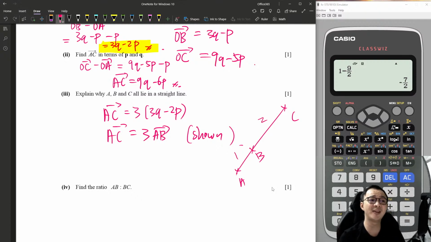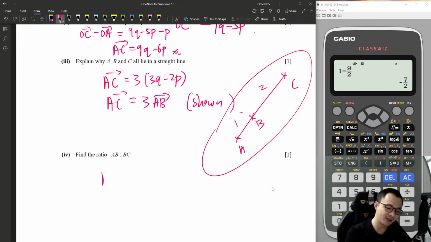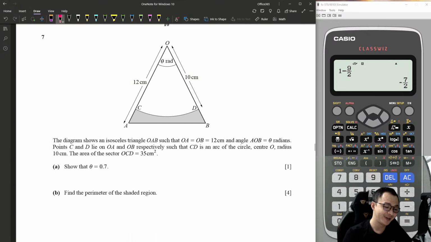Okay, so therefore they want the ratio here. If you already draw this out, the ratio 1 mark is a bonus mark. So AB ratio BC is basically 1:2. Done. Today we're a little bit fast, but I hope you can get it. If you didn't get it, let me know.